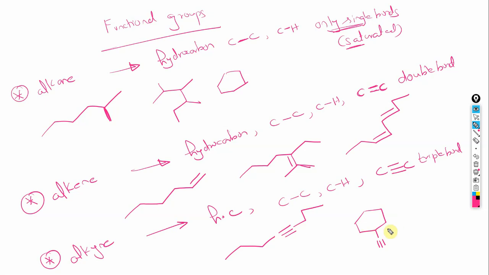So anyway, this is an alkyne, and this is an alkyne as well, because it has at least one carbon-carbon triple bond. So if we have a structure, for example, that has both double bonds and triple bonds, then in this case you will have to say that you have an alkyne functional group as well as an alkene functional group.